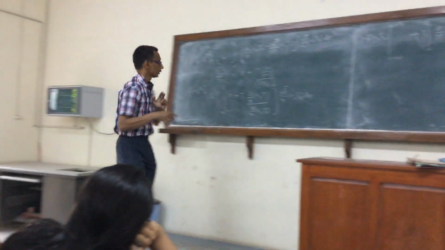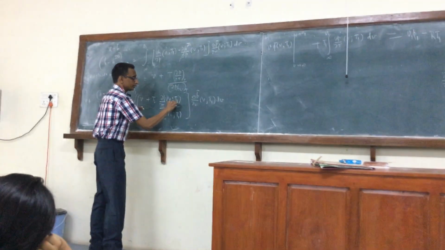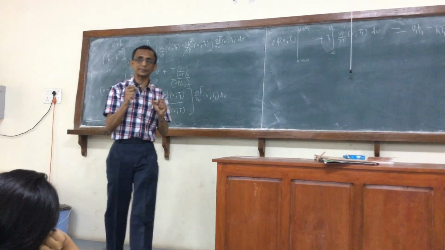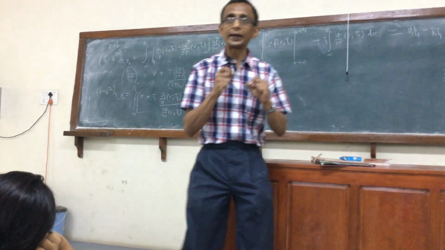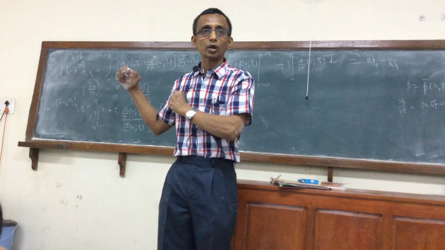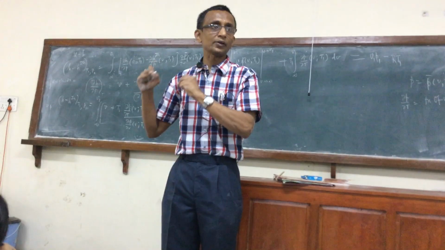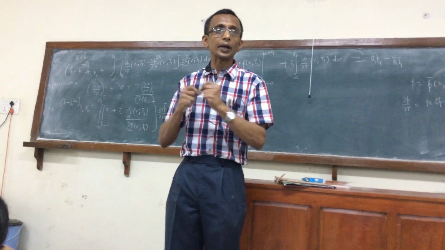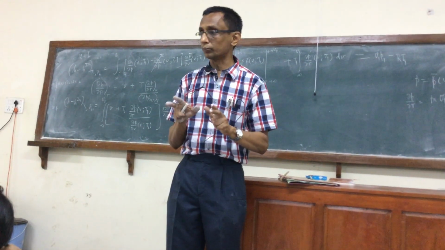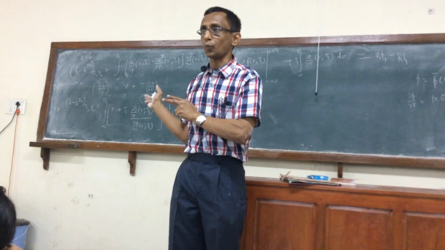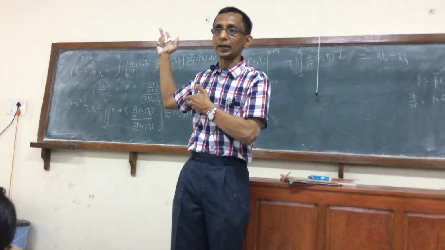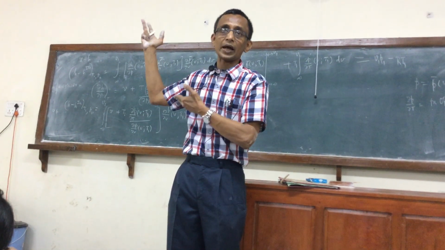However, I am considering this integral at a fixed temperature. So dP by dT, which is a function of volume and temperature, when evaluated at a specified temperature T1, becomes a function of volume alone. That I can integrate over volume between the limits infinity and a particular value V1.